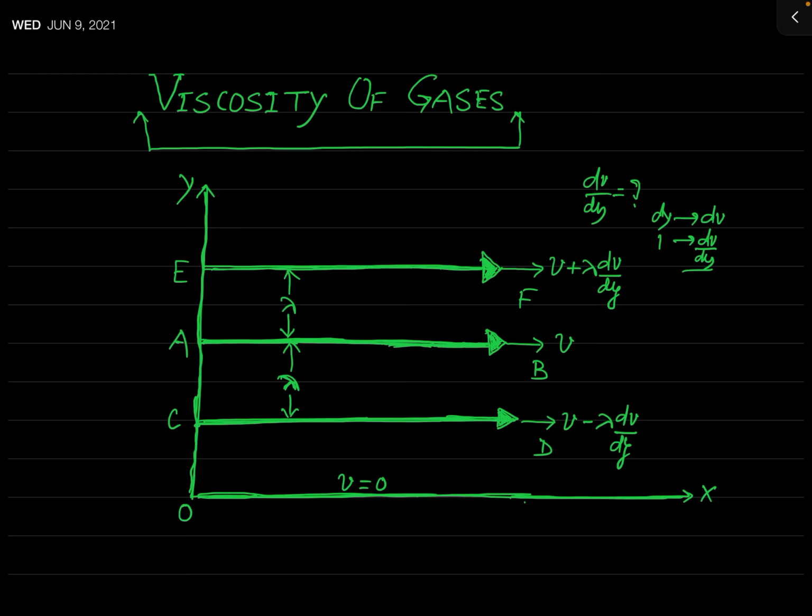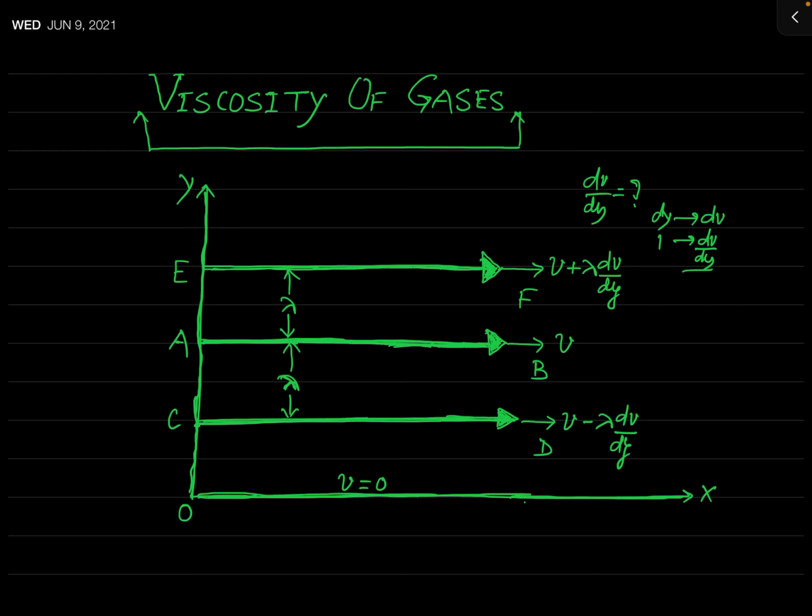Then you can easily find the velocity of flow of the gas in layer EF and that in CD. I have mentioned in this figure that the velocity of flow of gas in layer EF will be v plus lambda dv by dy, and that in CD will be v minus lambda dv by dy.